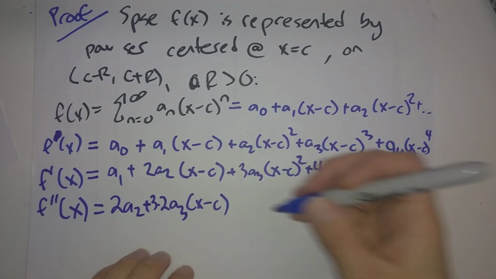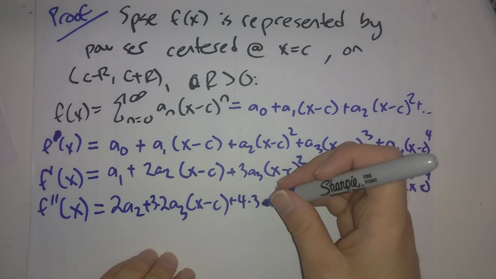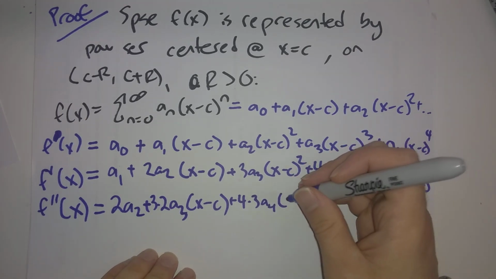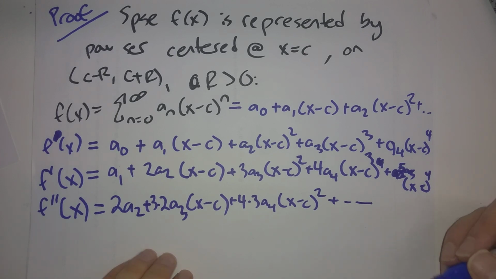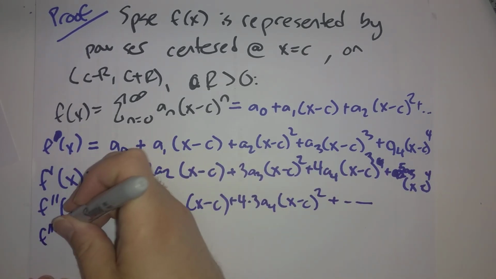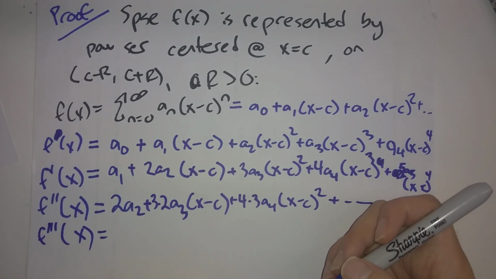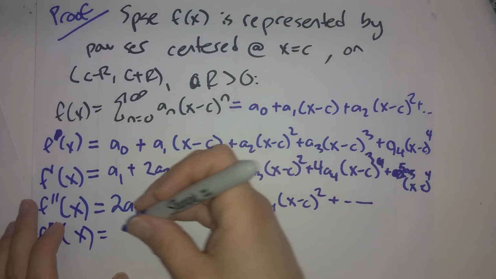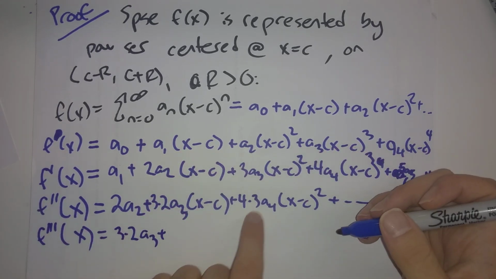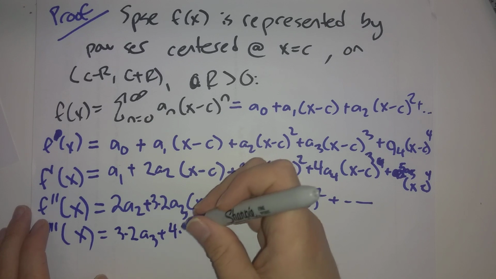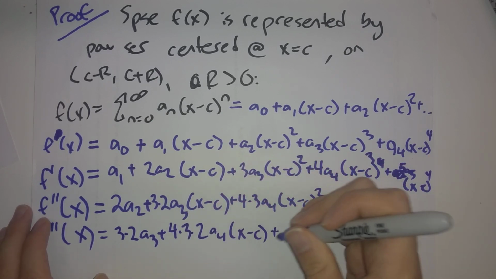The derivative of this term is 4 times 3 times a4 times x minus c squared, plus dot dot dot. Maybe one more, to see how this is going. That's a constant, so its derivative is 0. The derivative of this is 3 times 2 a3, plus 4 times 3 times 2 a4 times x minus c, plus dot dot dot.